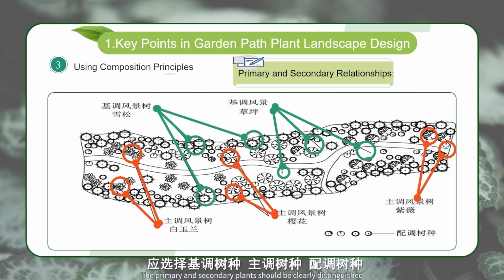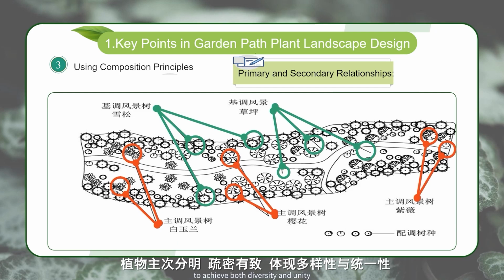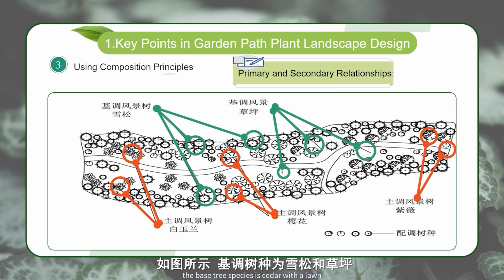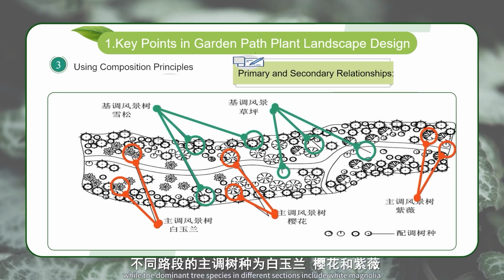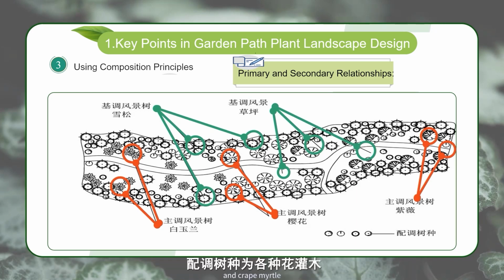The primary and secondary plants should be clearly distinguished, with a balance of density and spacing to achieve both diversity and unity. For instance, in the diagram, the base tree species is cedar with a lawn, while the dominant tree species in different sections include white magnolia, cherry blossom, and crepe myrtle, complemented by various flowering shrubs.